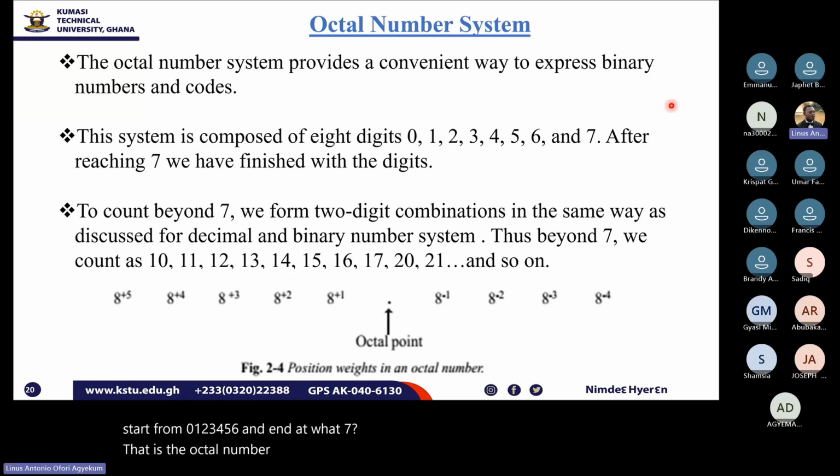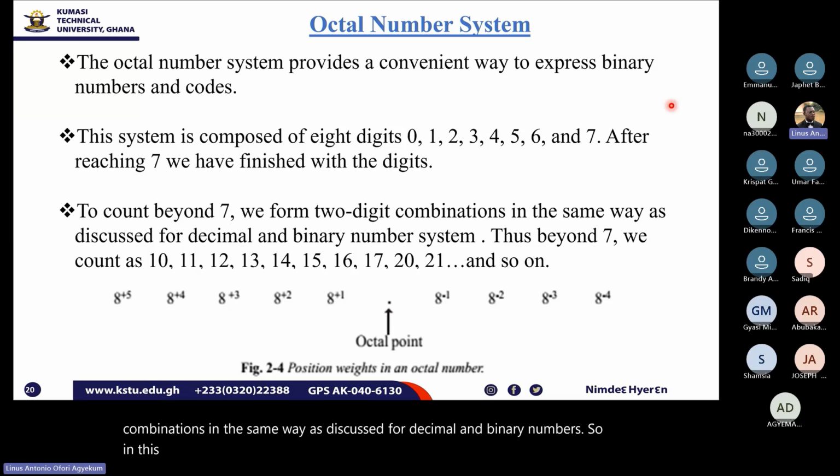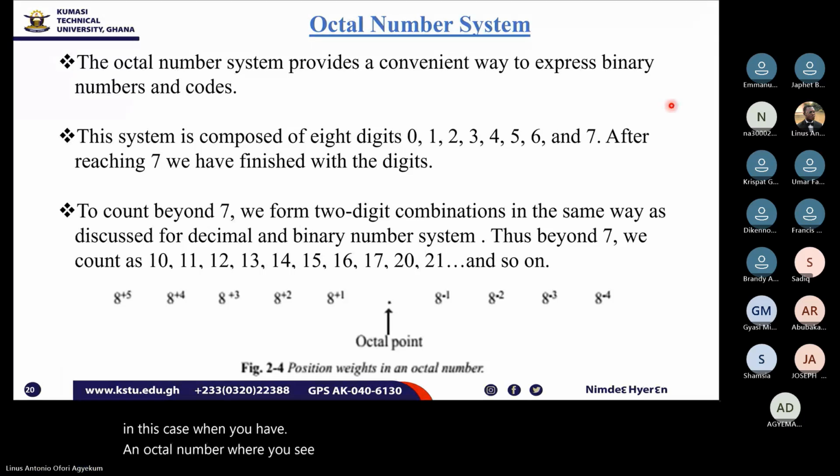So to count beyond 7, we form 2-digit combinations in the same way as discussed for decimal and binary numbers. So when you have an octal number where you see 1, 0, it doesn't mean decimal 10.